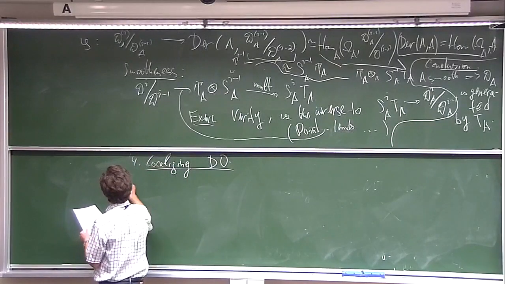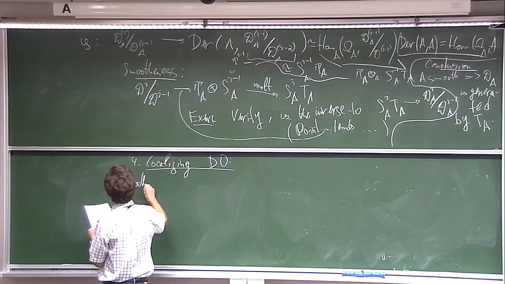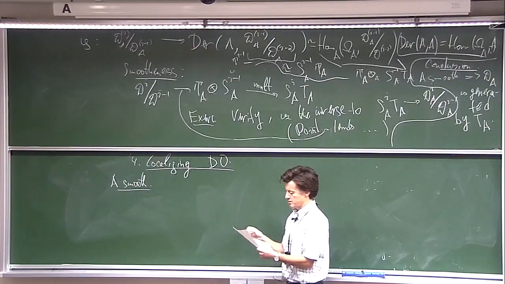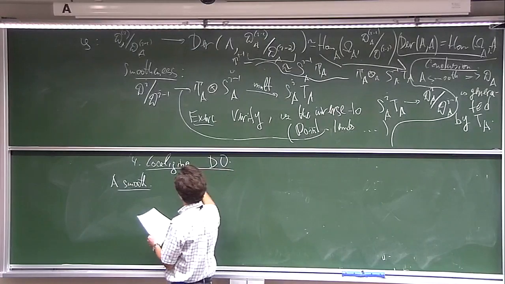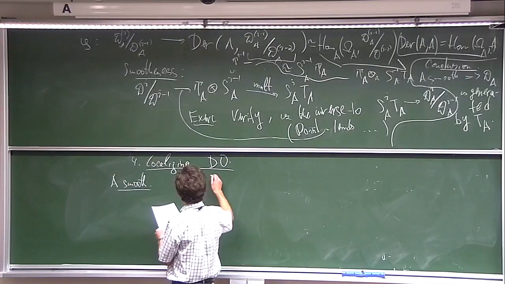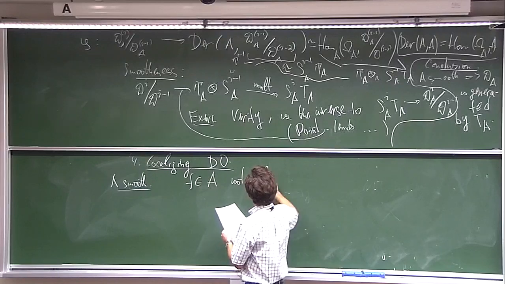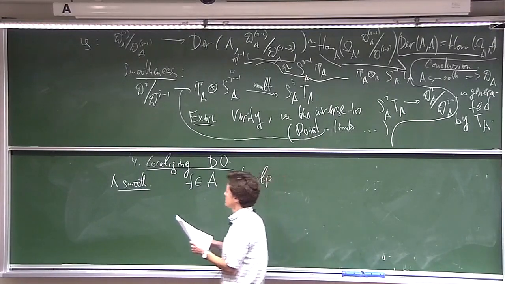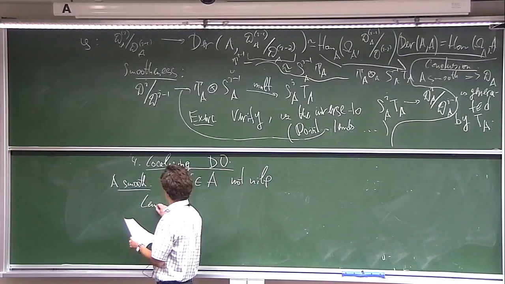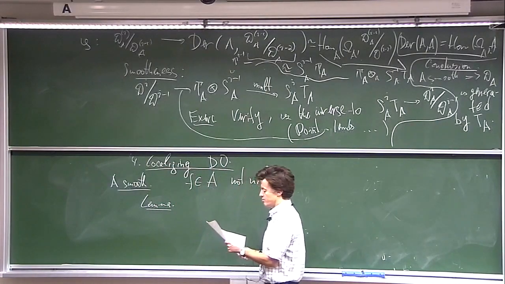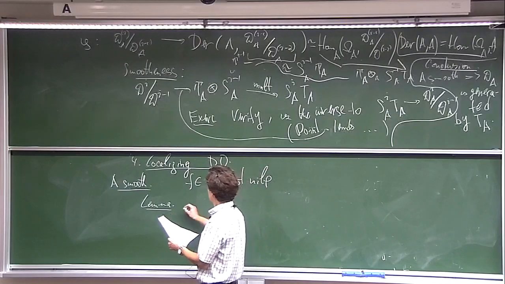So let me to begin with assume that A is smooth as above, although what I'm about to say can be generalized. But in any case, suppose A is smooth and suppose you take f in A, which is not nilpotent. Then the following is true.